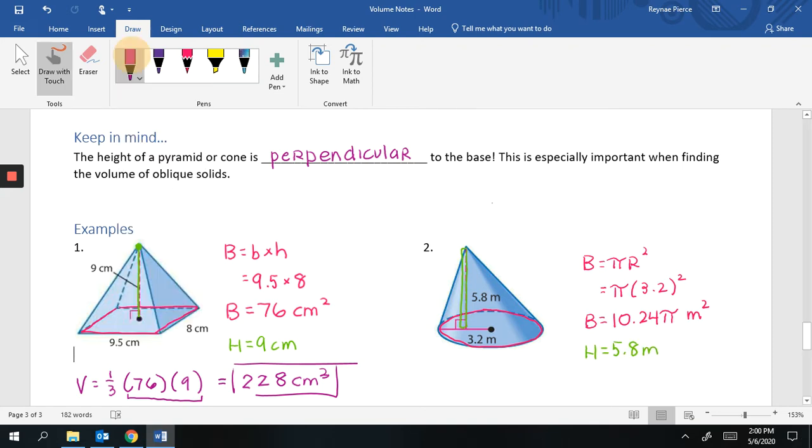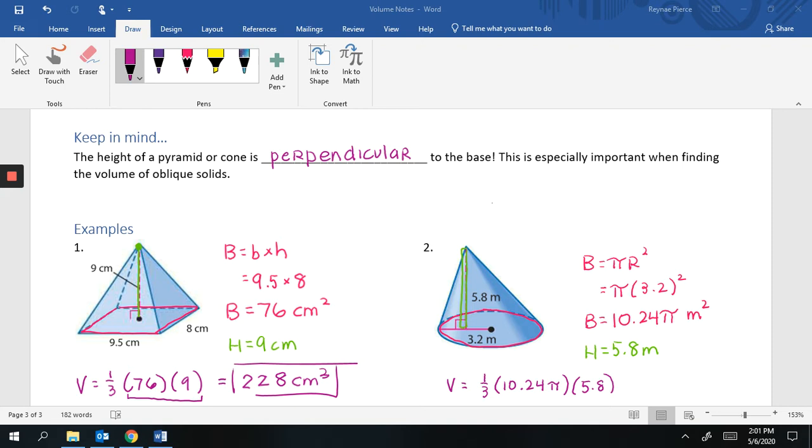And to find our volume, we're going to take 1/3 times our area of the base times the height.